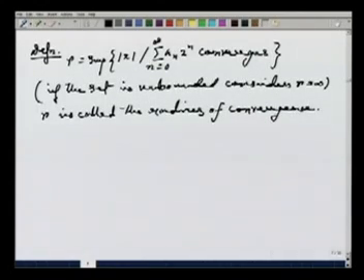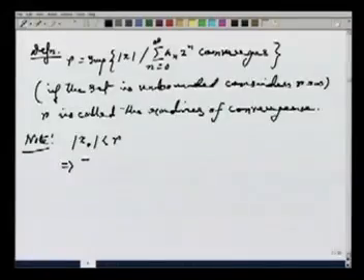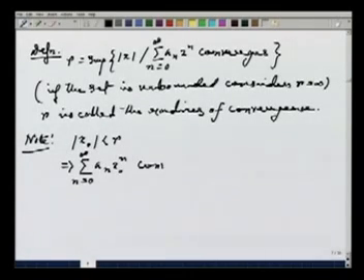Now, the very definition implies certain things. I will call it a note. Suppose mod of x naught is less than R. Then I want to show that this implies summation n from 0 to infinity a_n x naught to the power n converges. How does this follow?